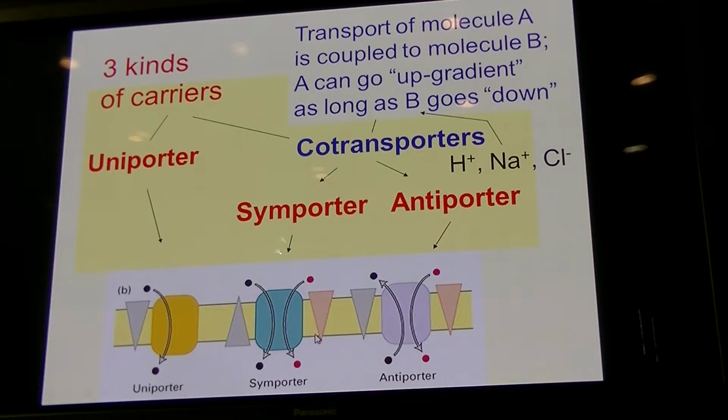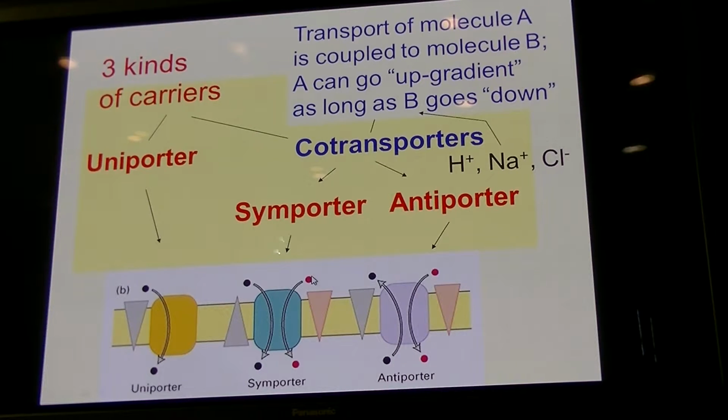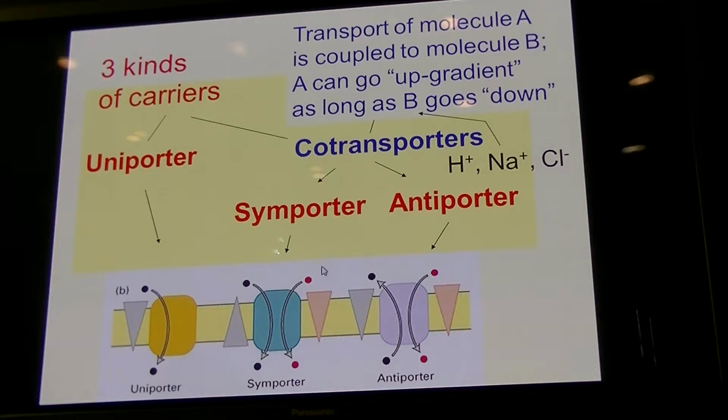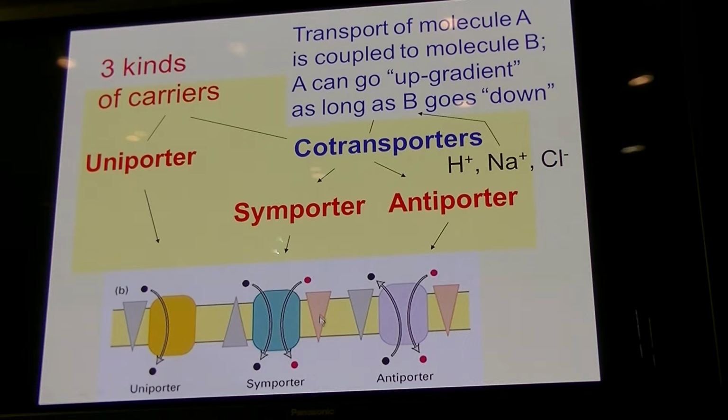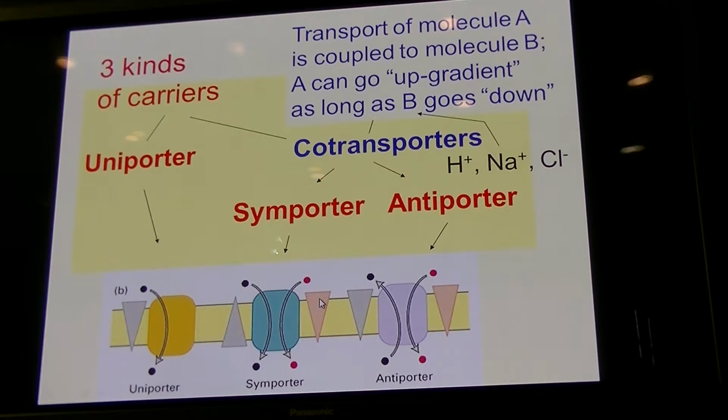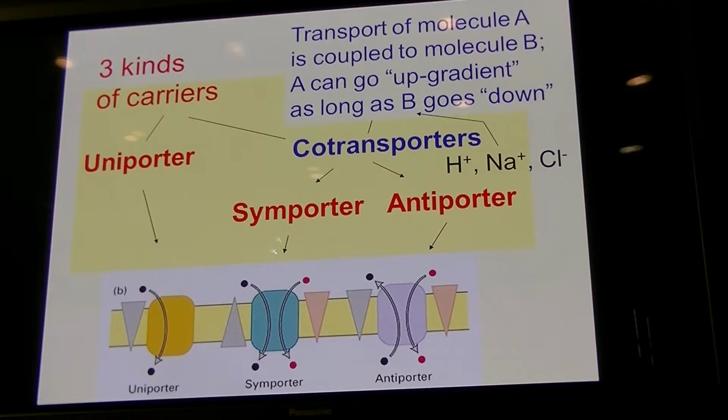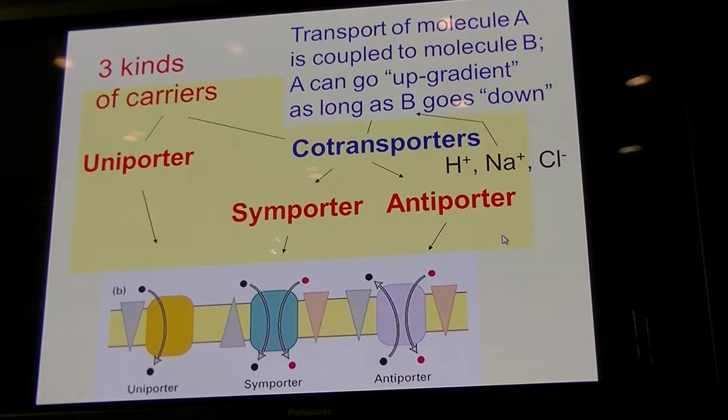We can now couple the transport of that red molecule, for which there's a favorable concentration difference, with the transport of something else that then actually can move up gradient. As long as the gradient that drives the process is stronger than the gradient for the second molecule. So that's symport. And a very similar idea, we can have antiport.